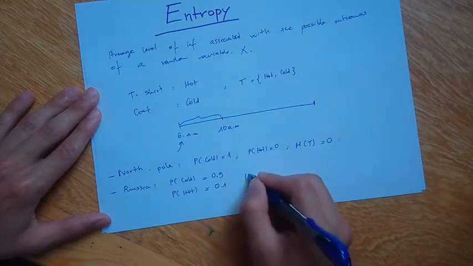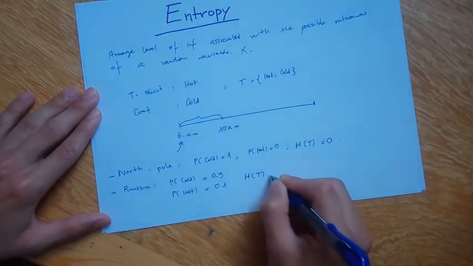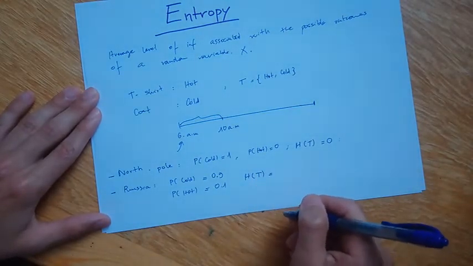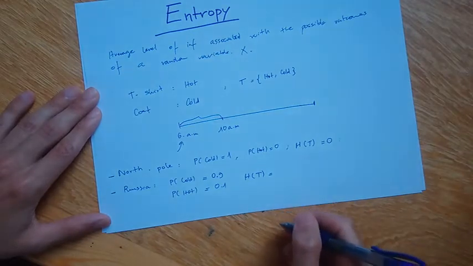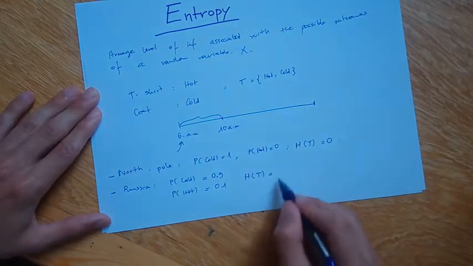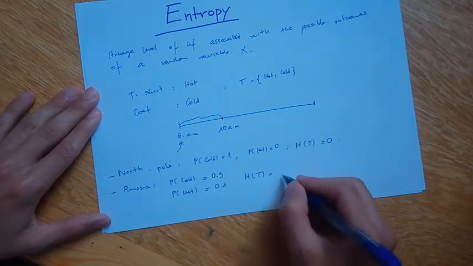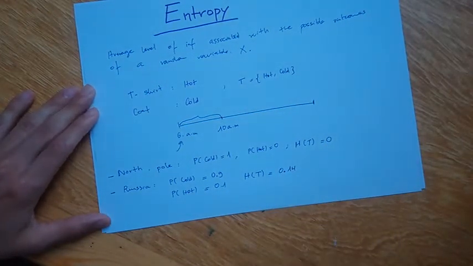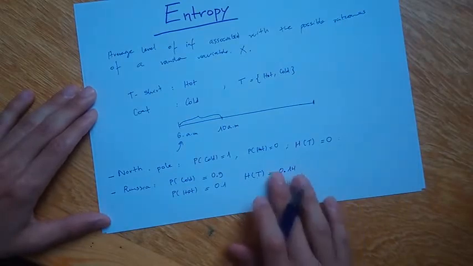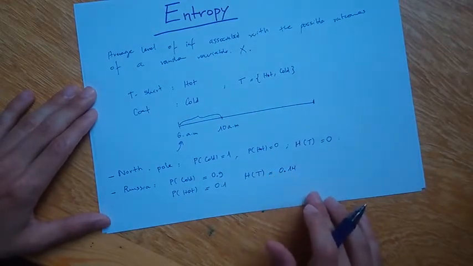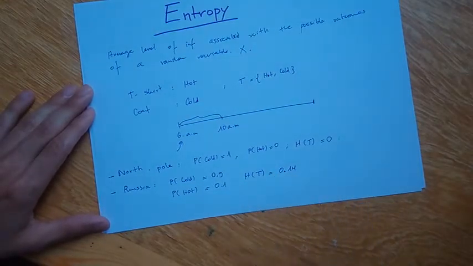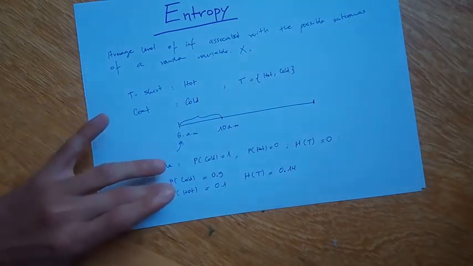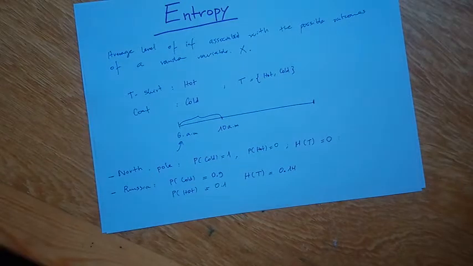So in that case, the entropy increases a little bit because the information is not completely useless. It's kind of useful. So in that case, the entropy would be close to 0.14. So it's not 0. It's close to 0, but it's not 0. So it's somewhat useful. There is some level of information associated with this random variable temperature.